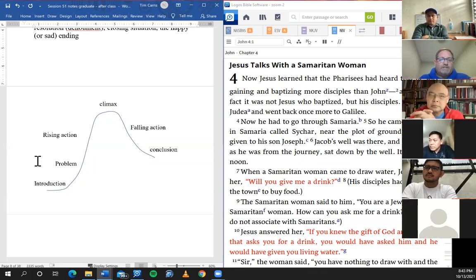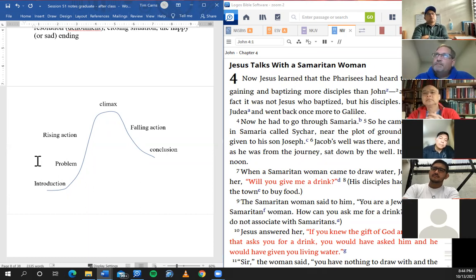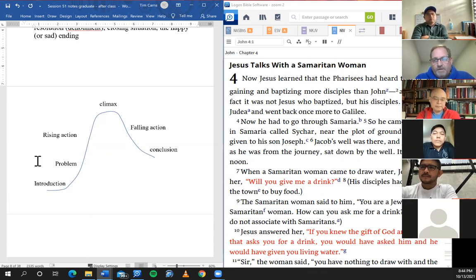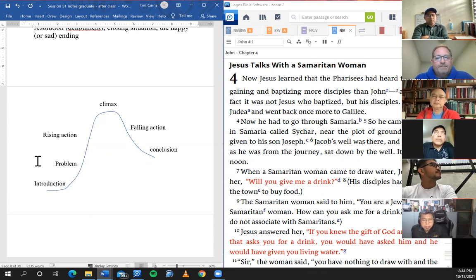And there's actually a connection to Joseph's story with the bigger story of the Pentateuch. What is that connection? Anybody have a thought? Joseph gives the theme of his story toward the end of it, right? You meant it for evil, God meant it for good, right? Well, what was the good?